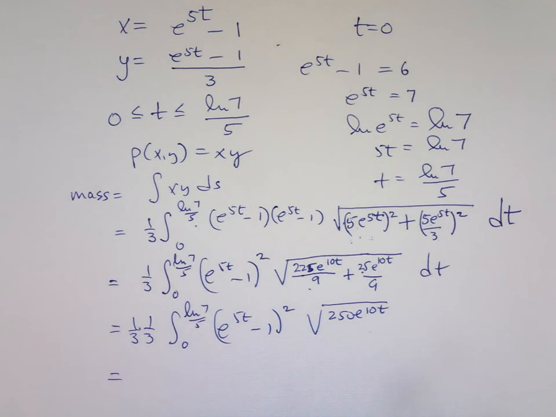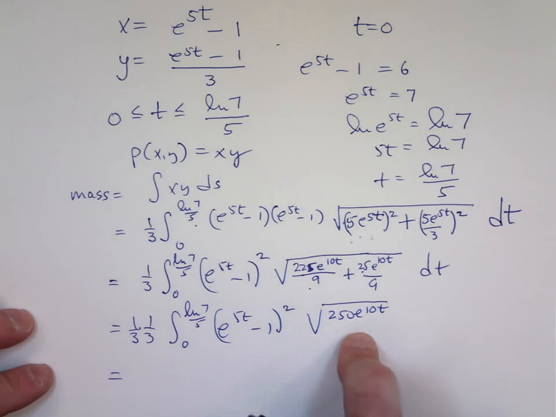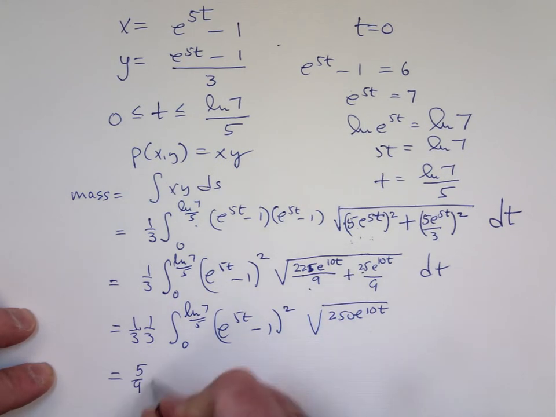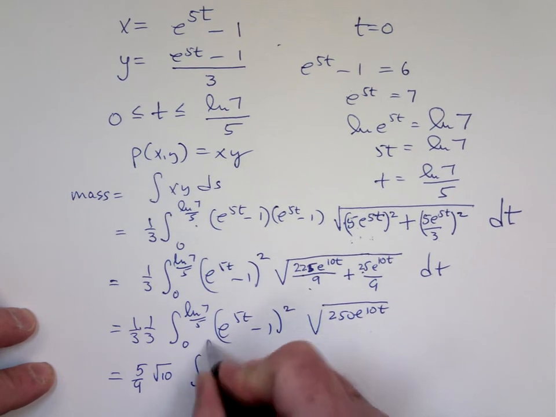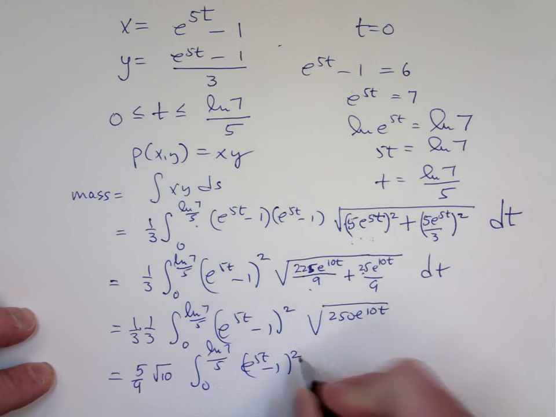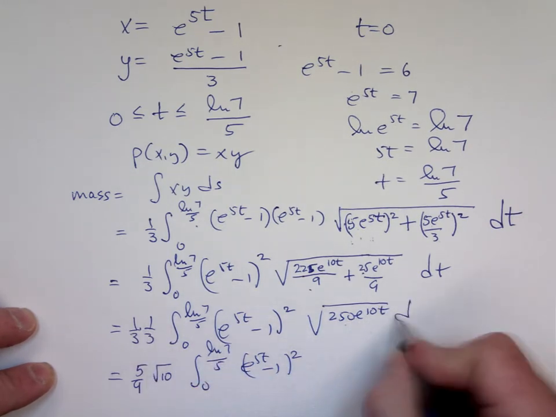Okay. That 250 is 25 times 10. The square root of 25 is 5. I'm going to take that 5 out front. The square root of 10 I get in there out. I'm going to have integral from 0 to natural log 7 over 5 e to the 5t minus 1 squared. I took the 250 out. I've got e to the 10t, the square root of which is e to the 5t.